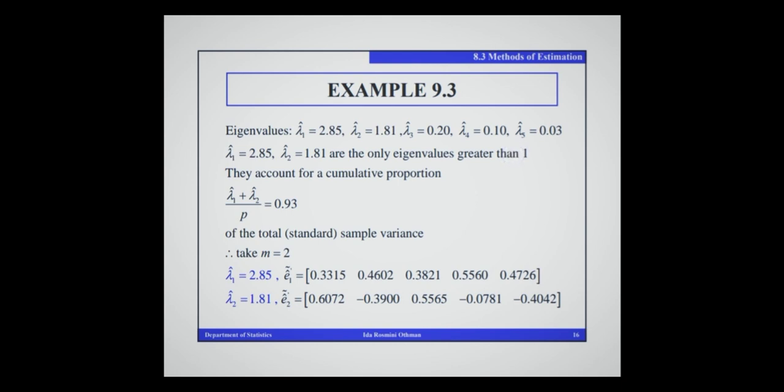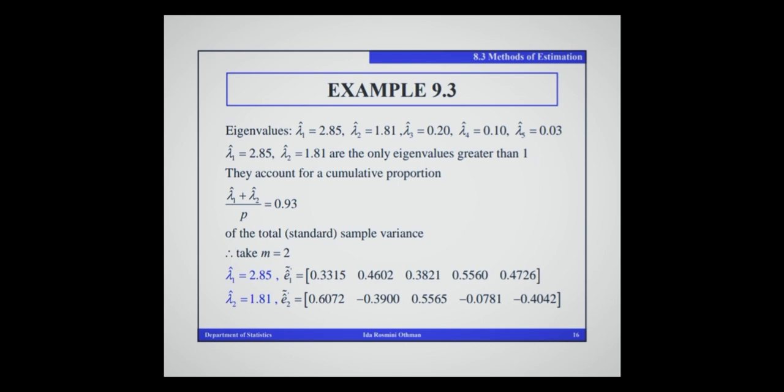How many values of lambda more than 1? It is 2.85 and 1.81. So kita ada dua eigenvalue that is greater than 1. So we can say that we will choose 2 factors to represent all the 5 variables.